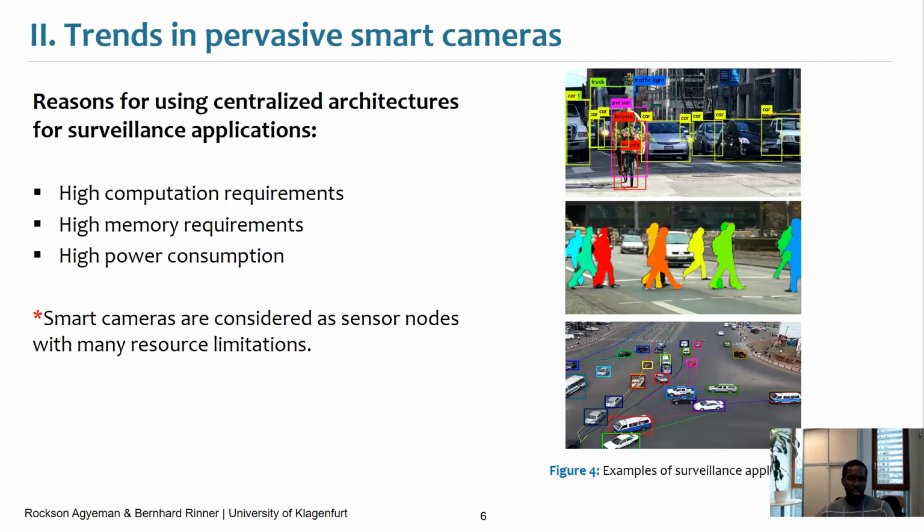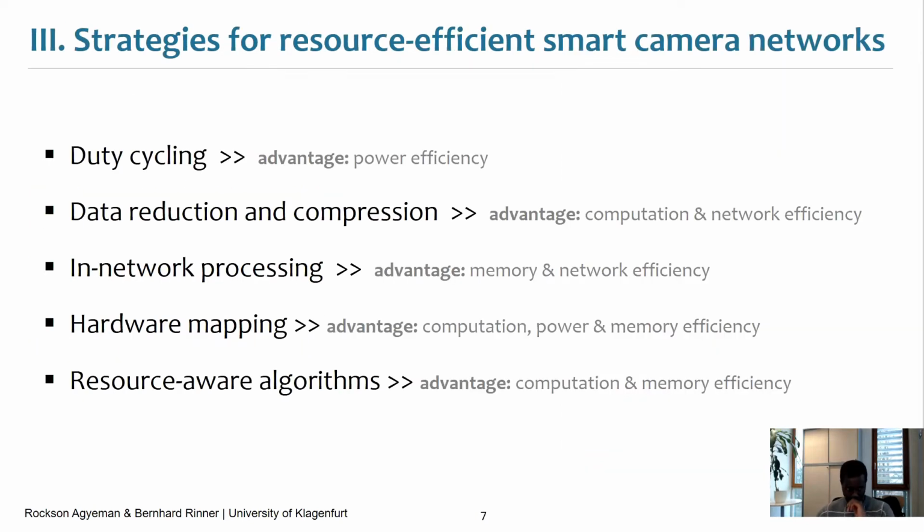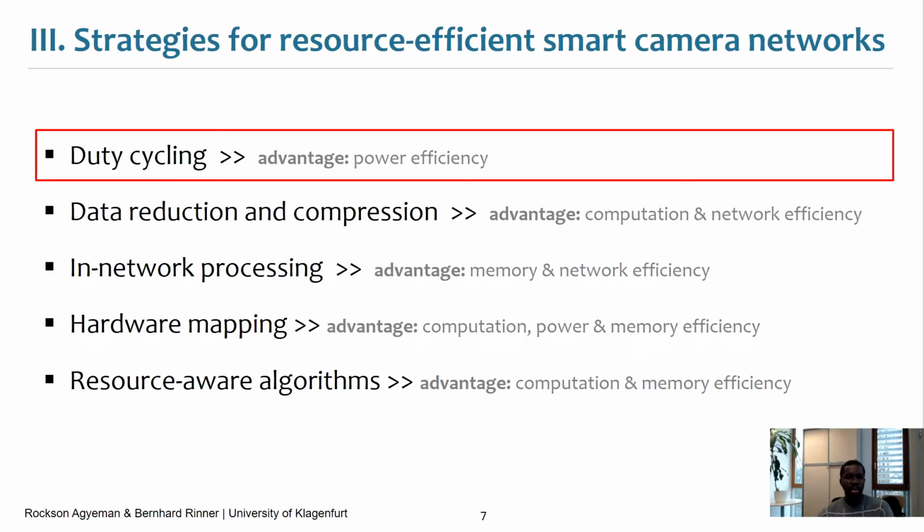Let us consider some of the ways researchers over the years have tried to achieve resource efficiency in smart cameras. First, let's look at duty cycling. Duty cycling refers to temporarily powering down hardware components when they are not in use. Some duty cycling methods include sleep modes and dynamic power management.